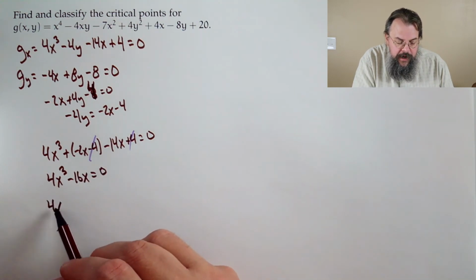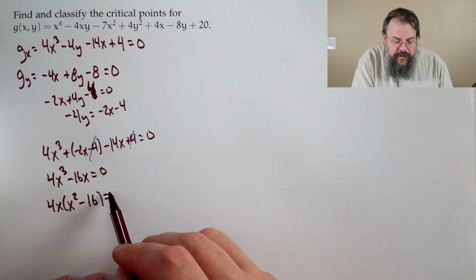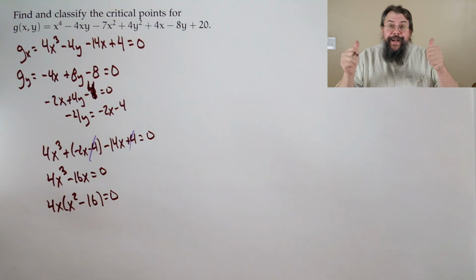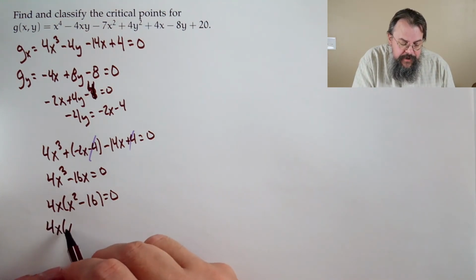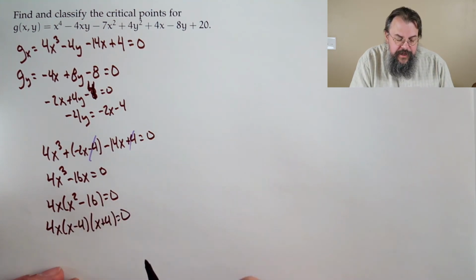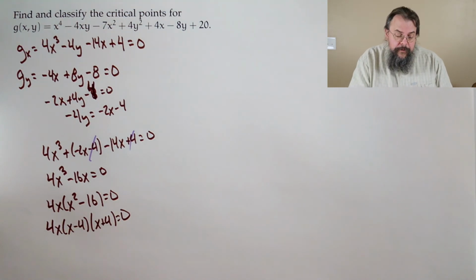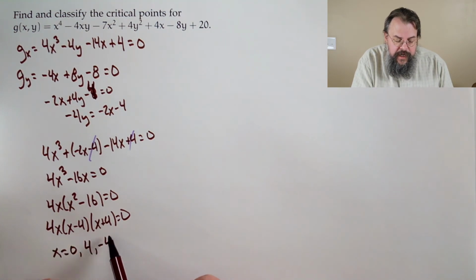This is factoring because we can pull out the 4x: x squared minus 16. This goes even further: x minus 4, x plus 4 equals 0. This says there's 3 possibilities: 0, 4, or negative 4.